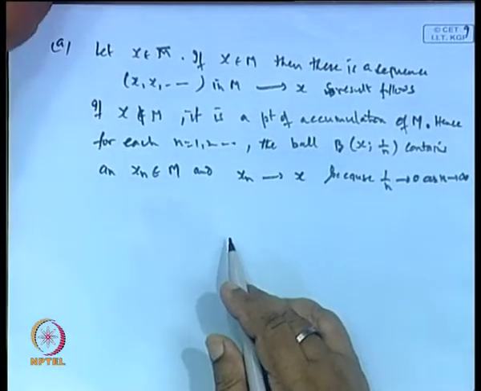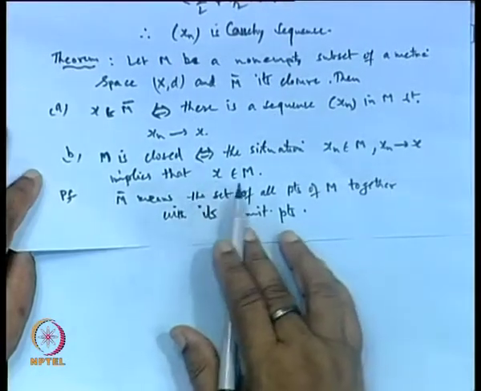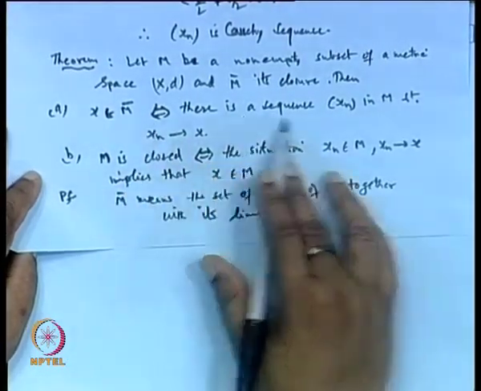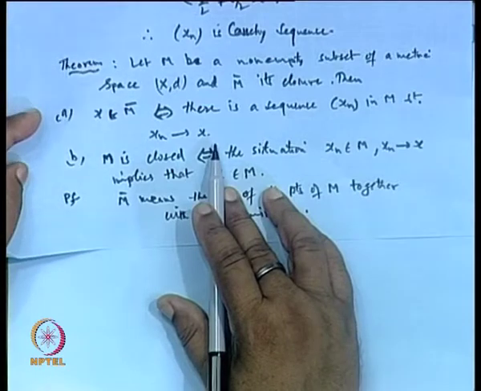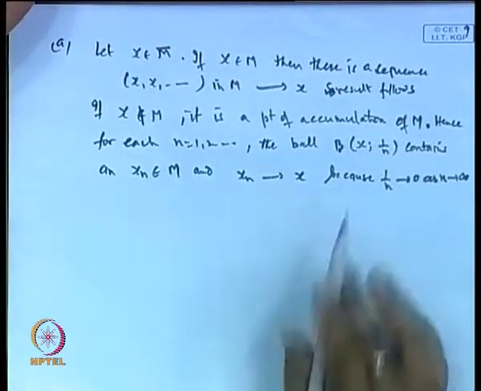So, again the assertion is complete. So, if x is in M closure, then there will be a sequence x n in M such that x n converges to x.